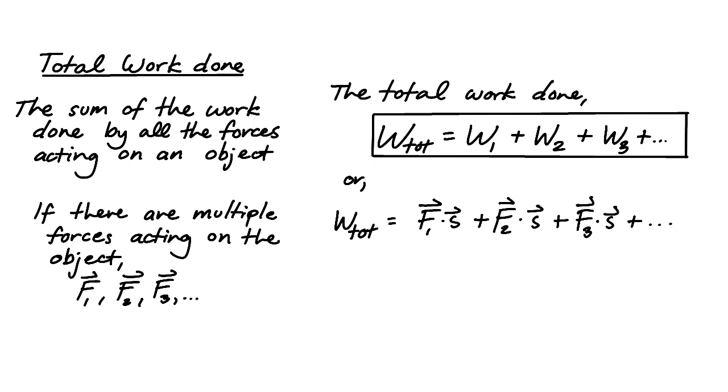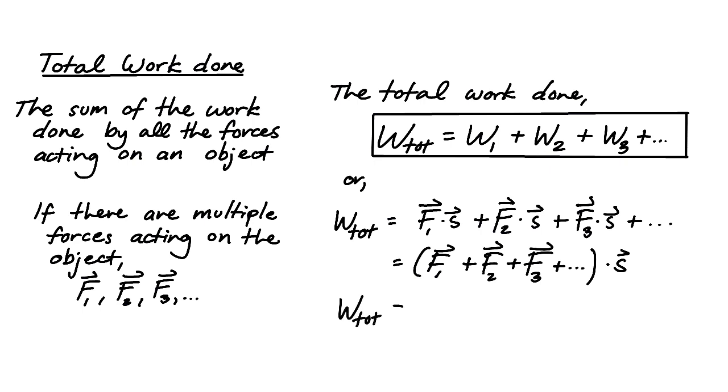So what we can do here, since pare-pareho lang naman yung value ng S because we are talking about the same object, we can factor out ngayon yung pag-dot sa vector S. So we are left with F1 plus F2 plus F3, and so on, dot sa vector S. Or, this expression inside, this is simply your net force.